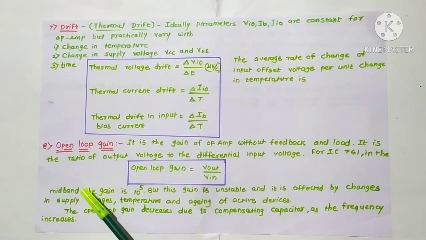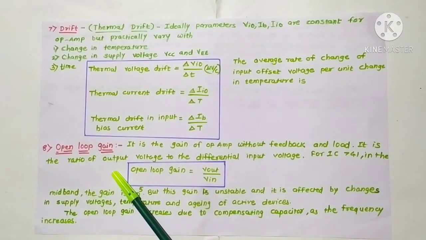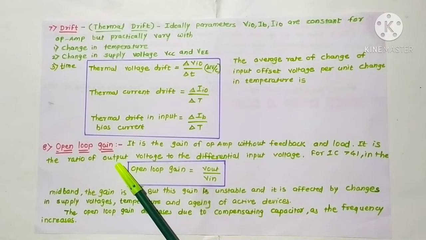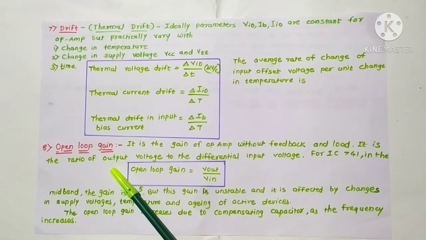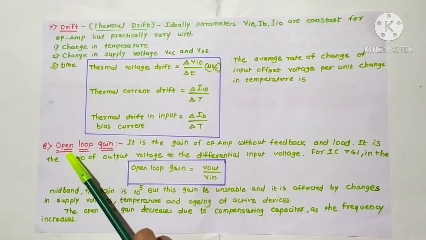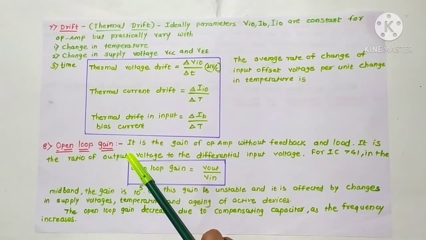Next is open loop gain. In the comparison points of the first topic of the chapter, that is RC amplifier, DC amplifier and differential amplifier, open loop gain is given in the first sentence.